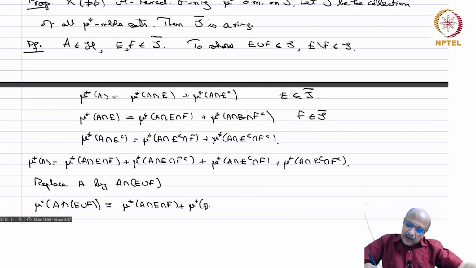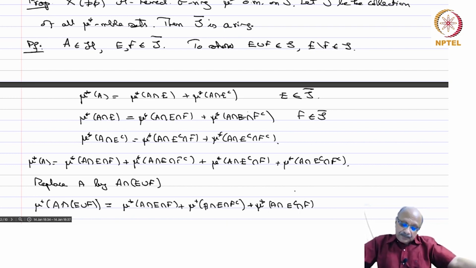Then mu star of A intersection E complement intersection F complement will be empty, and mu star of the empty set is 0, so that won't come. Similarly here you get mu star of A intersection E complement intersection F will come.